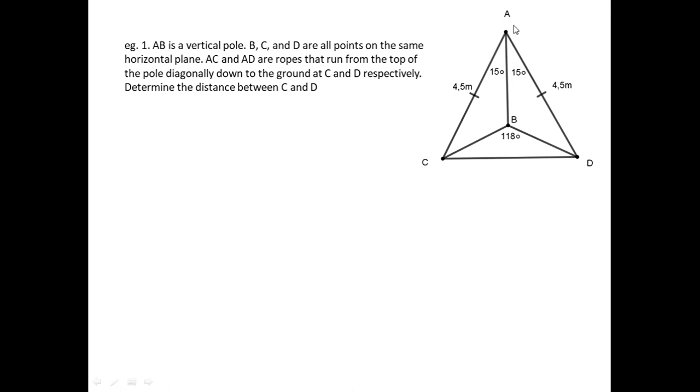AC and AD are ropes that run from the top of the pole diagonally down to the ground at C and D, respectively. And we're told what the lengths of those ropes are. This little dash, of course, means that AC is the same length as AD. So now we are asked to work out the distance between C and D.